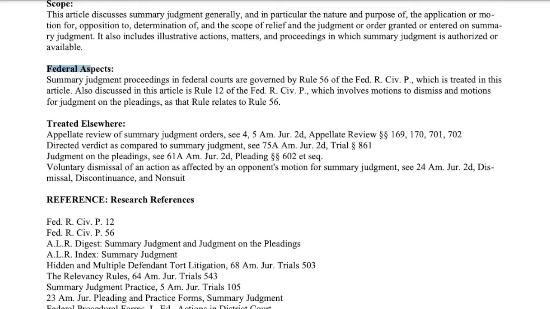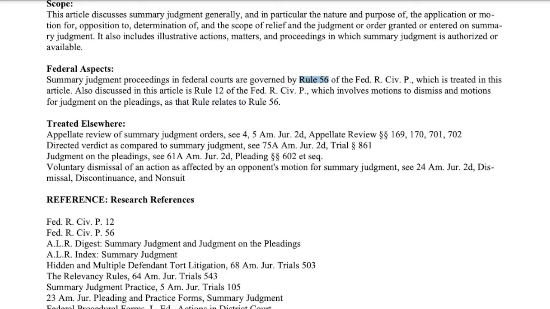Federal aspects: summary judgment proceedings in federal courts are governed by Rule 56 of the Federal Rules of Civil Procedure, which is treated in this article. Also discussed in this article is Rule 12 of the Federal Rules of Civil Procedure, which involves motions to dismiss and motions for judgments on the pleadings, as that rule relates to Rule 56.